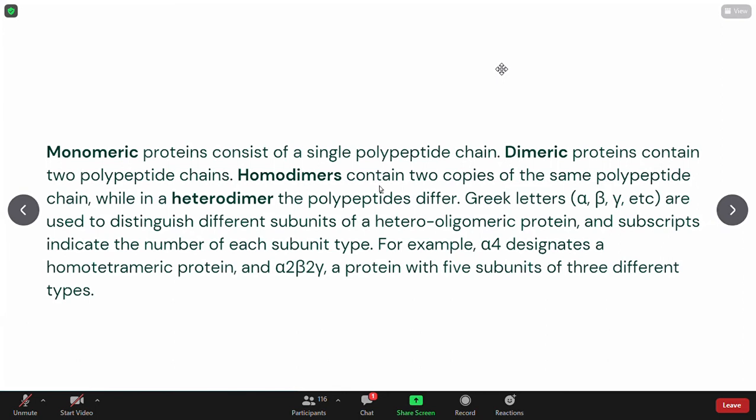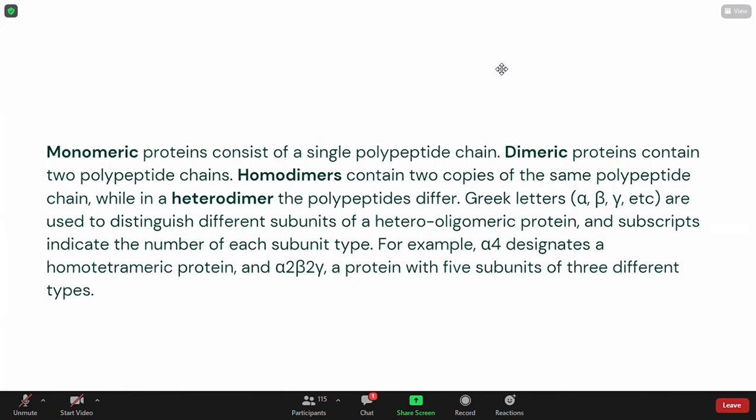Just like when I said your globin in hemoglobin is made up of two alpha subunits. They are similar to each other. And two beta subunits also of the same kind.